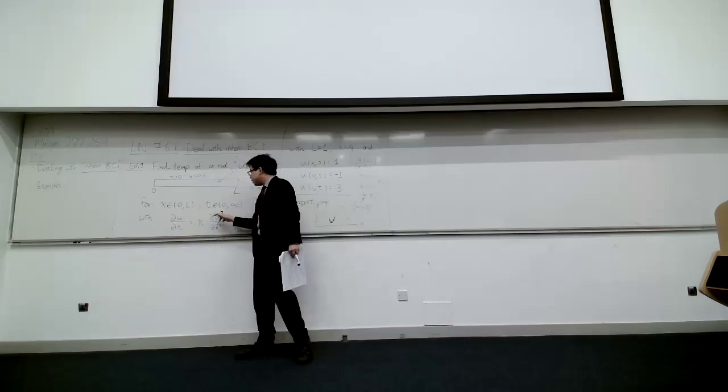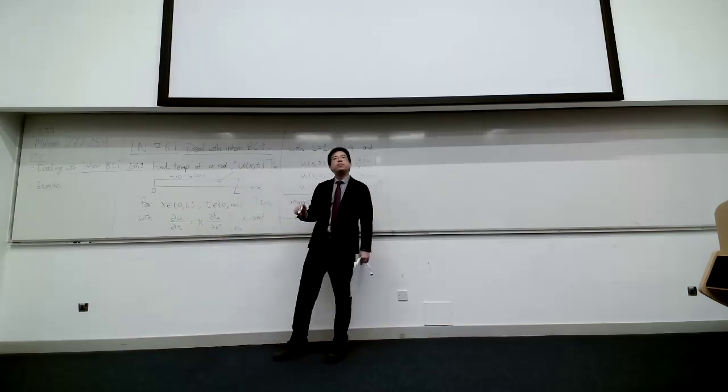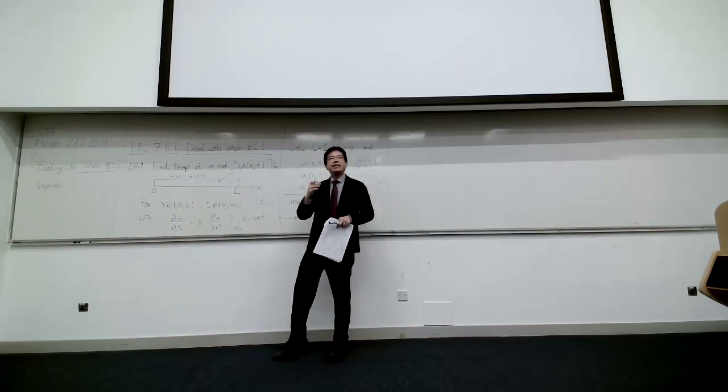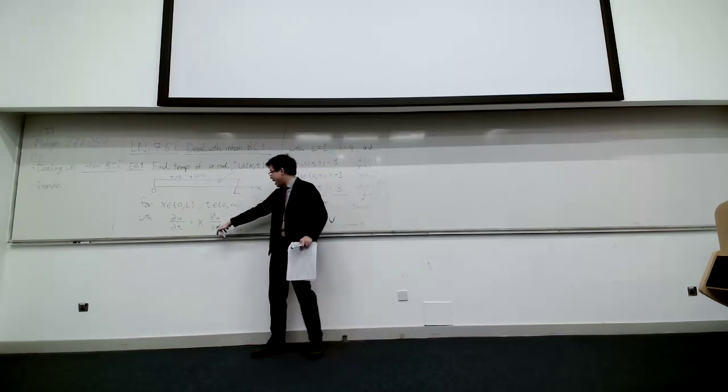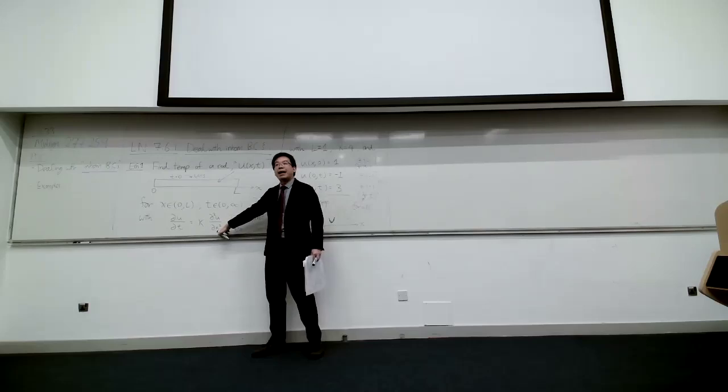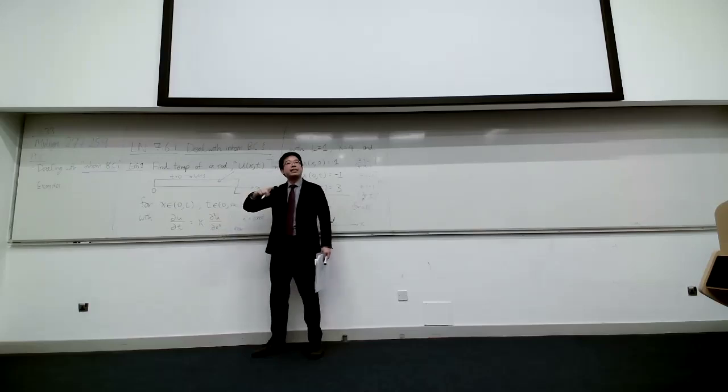How about d2u dx squared? What does that represent physically? Second derivative with respect to space. Is there a physical word for it? Someone said acceleration, but acceleration would be d/dt with time; d/dx is with space.